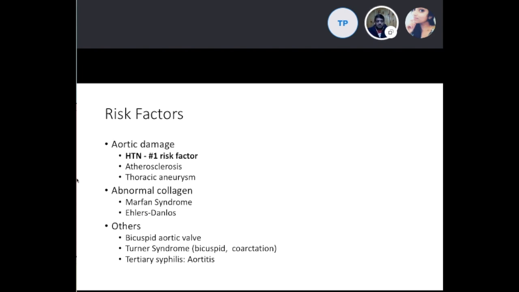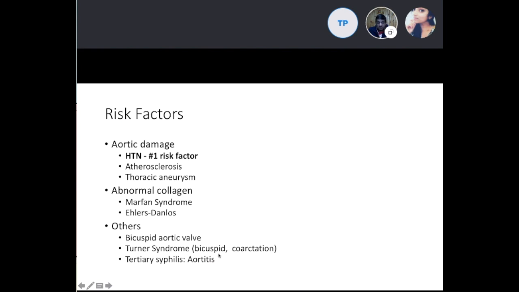The risk factors for patients who have aortic dissections: if you have aortic damage, hypertension is the number one risk factor. Atherosclerosis and thoracic aneurysms can also cause aortic damage. Abnormal collagen production, such as with Marfan or Ehlers-Danlos, can also increase the risk. Other causes are bicuspid aortic valve and Turner syndrome.